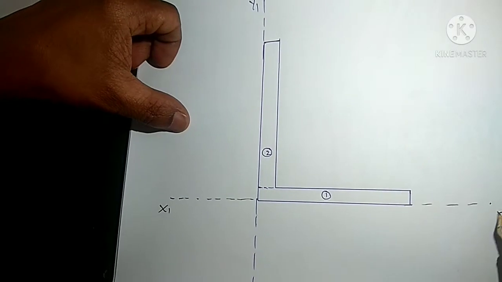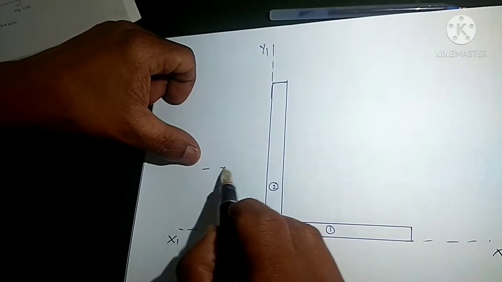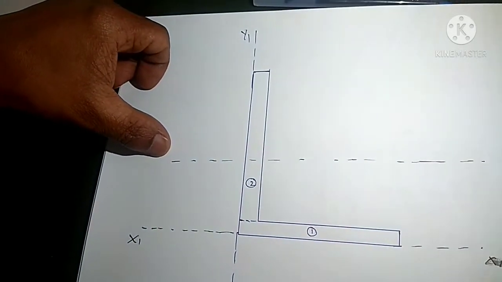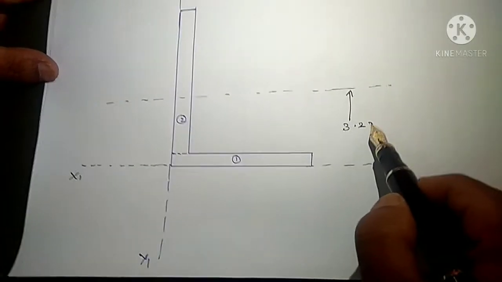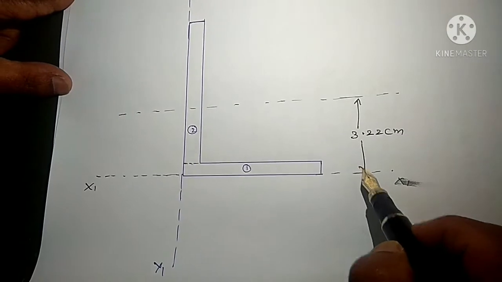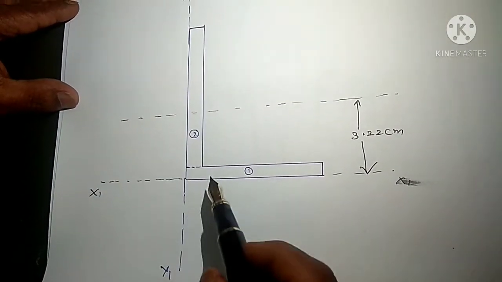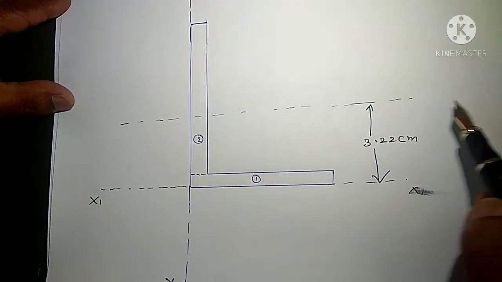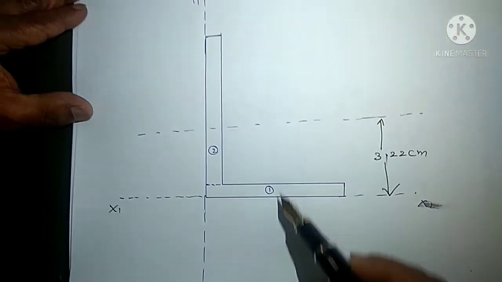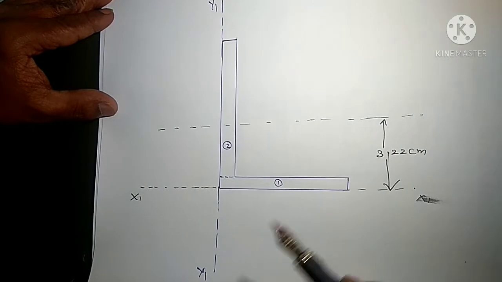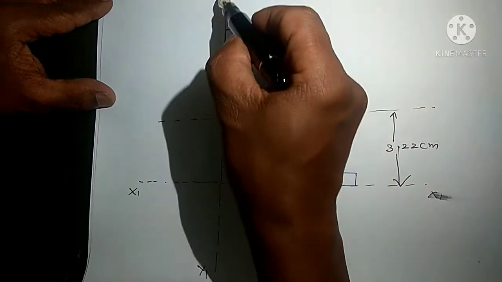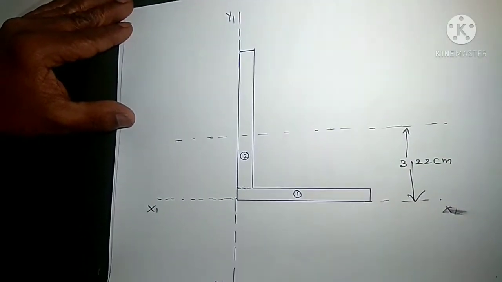X1 is at a distance of 3.22 centimeter from this reference axis. Similarly, this is the horizontal centroidal axis, and the vertical centroidal axis may be at some distance from this vertical reference axis.